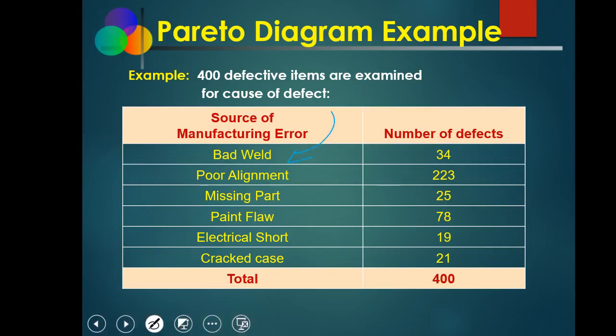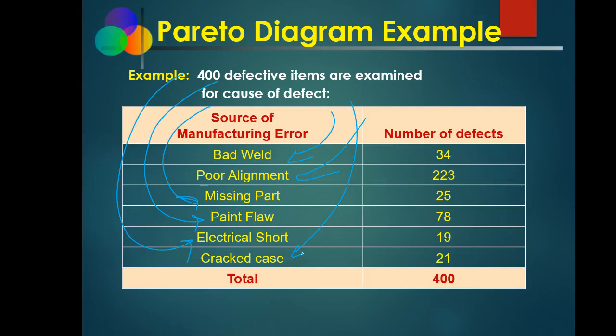That might be bad welding, poor alignment, missing parts, paint flaw where the paint is not proper, electric shorts where the item is not properly insulated electrically, or cracks. If we examine all these parts, out of 400 we see that we have 34 bad welded parts, 223 poor alignment parts, and similarly all the others.